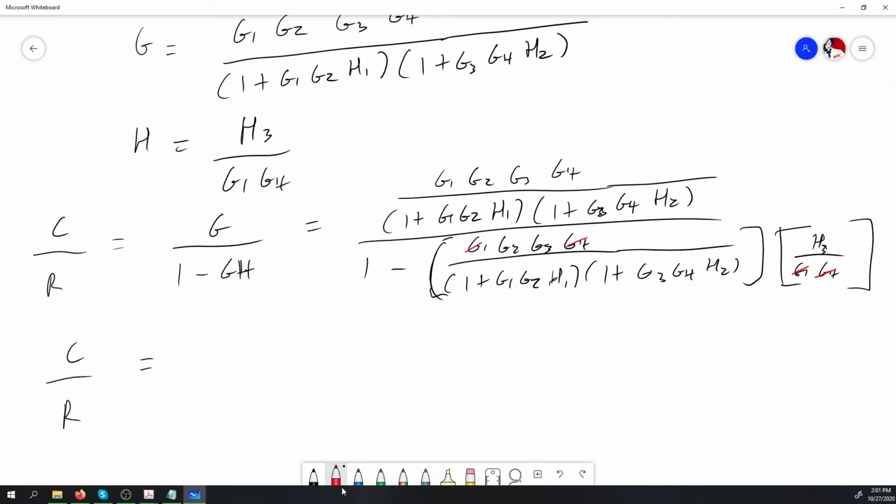So we just need to multiply out accordingly by 1 plus G1, G2, H1 multiplied by 1 plus G3, G4, H2.